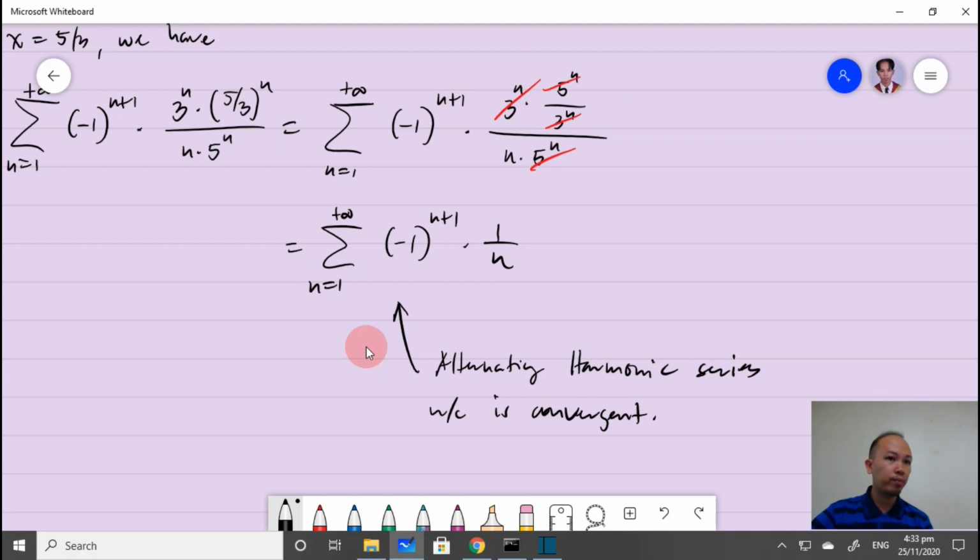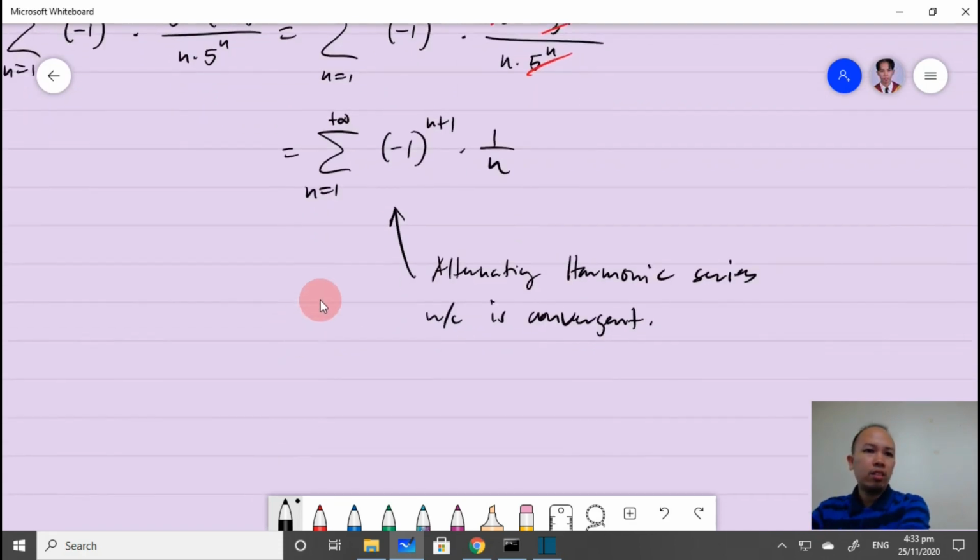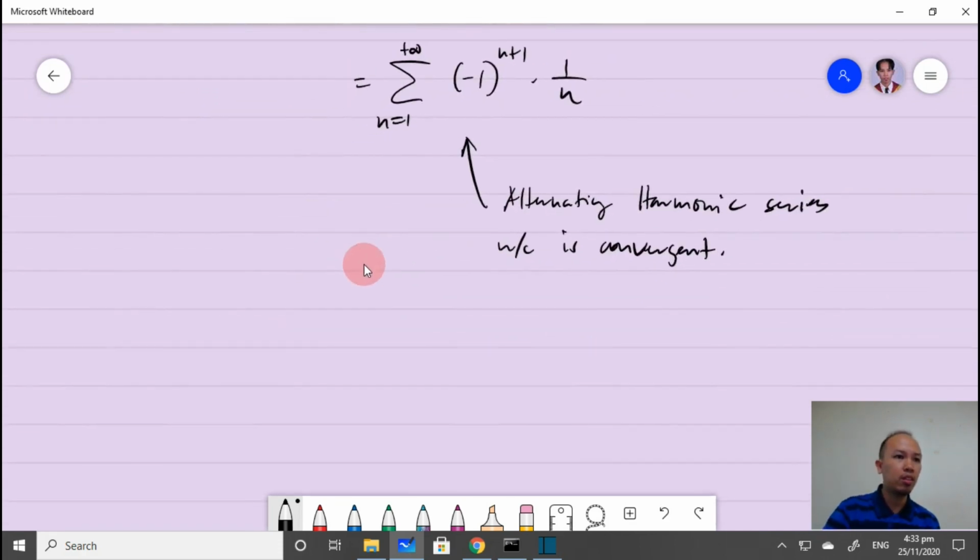So our conclusion, therefore, our R, the radius of convergence, is 5/3. Okay, and the interval of convergence is this one.